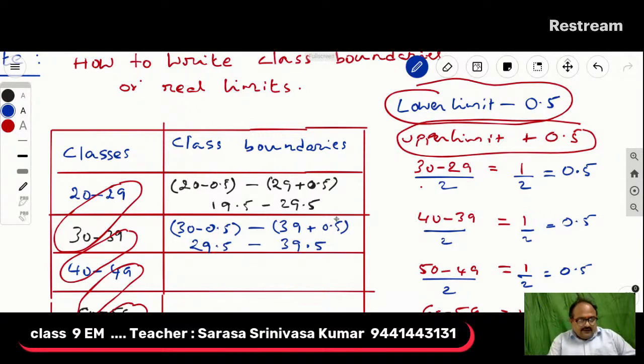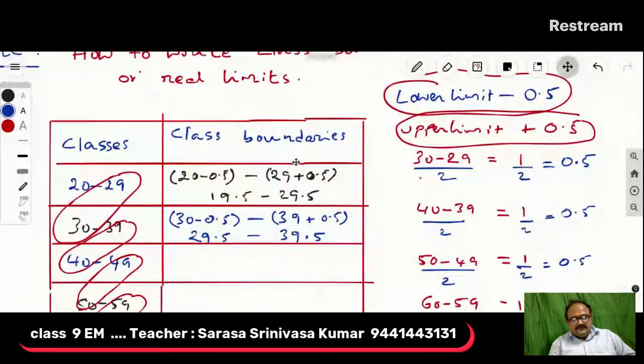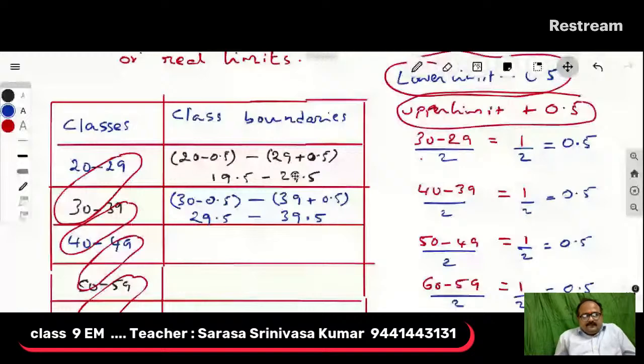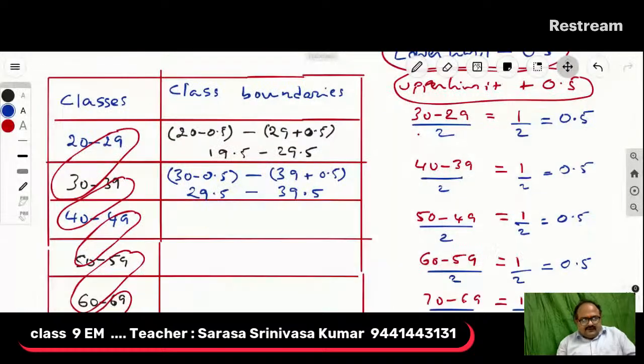So for the next class interval, 40, here 40 minus 0.5 to 49 plus 0.5.